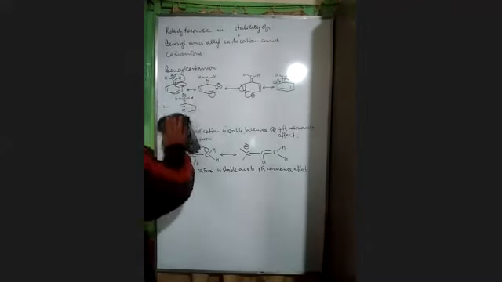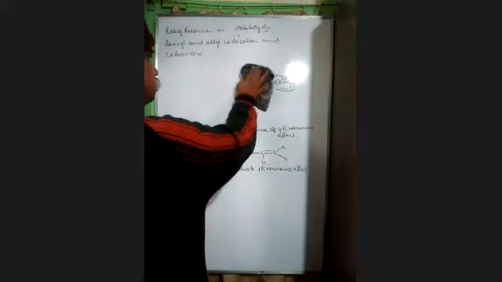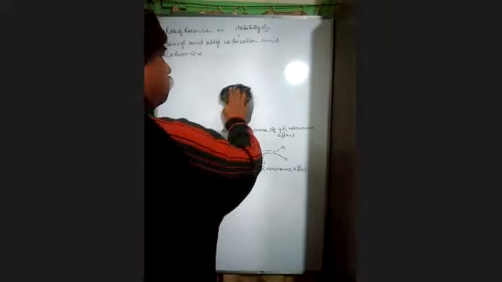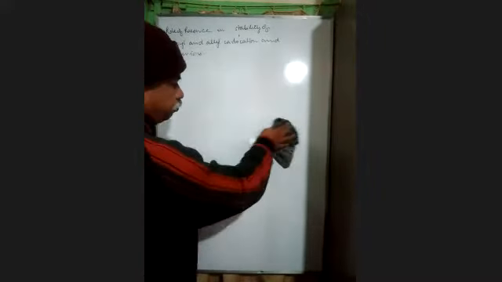Now see, I'll tell something for your entrance exam. See, more the number of the resonance structures, more stable the carbocation is or carbanion is. Resonance structures are called canonical structures.